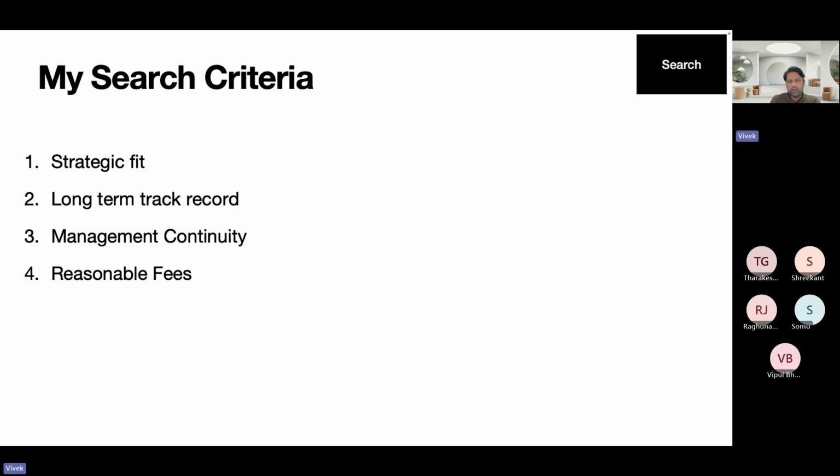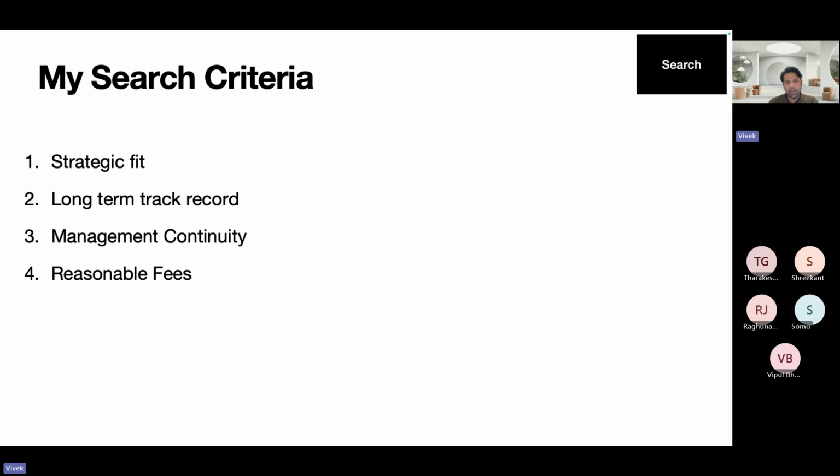So the search criteria that I used was there has to be a strategic fit. I need to ensure that the three strategies that I've selected are matched before I select a mutual fund. I also look at some of the other factors. The mutual fund needs to have a long-term track record.